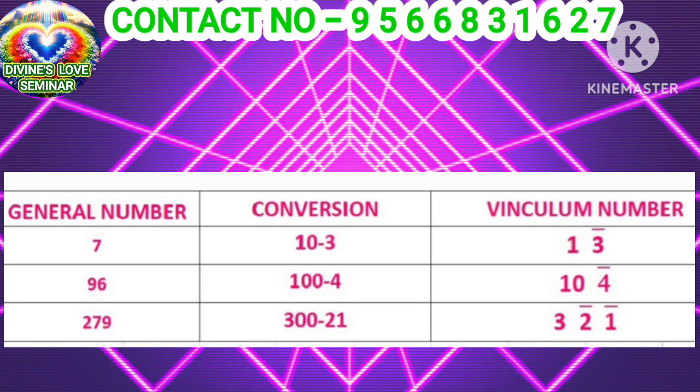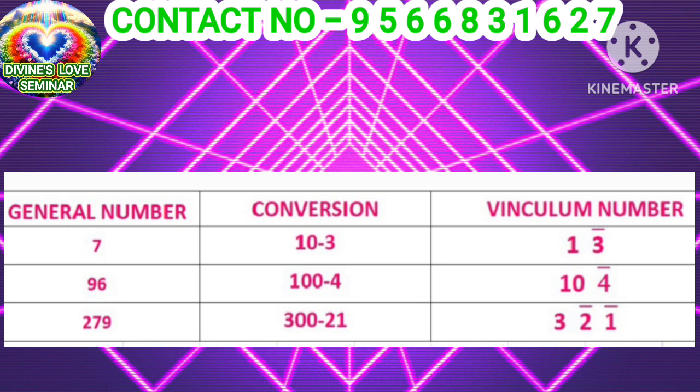Again I am telling, 100 plus 4 is 104 in vinculum number. How will you write it? 104, and above the 4 we have to put a bar. Understood? Then only 100 minus 4 will be 96.